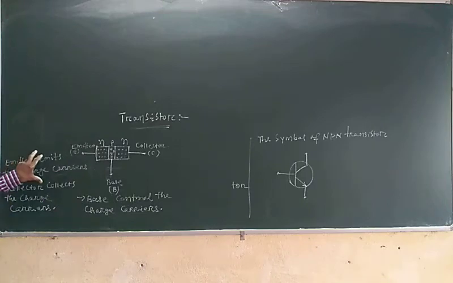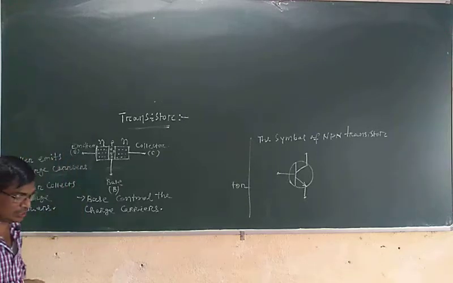Now, in this way, the emitter, base and collector are the three terminals of a transistor.